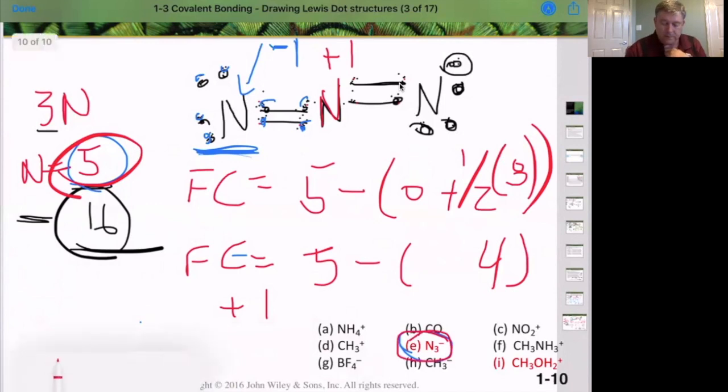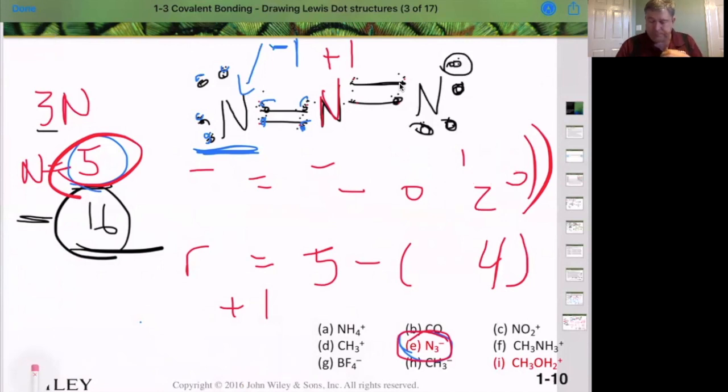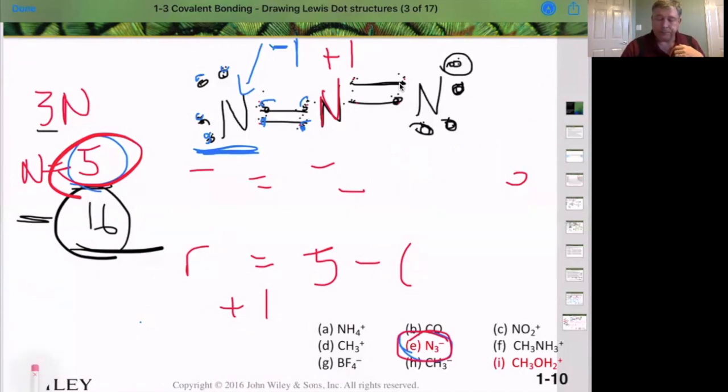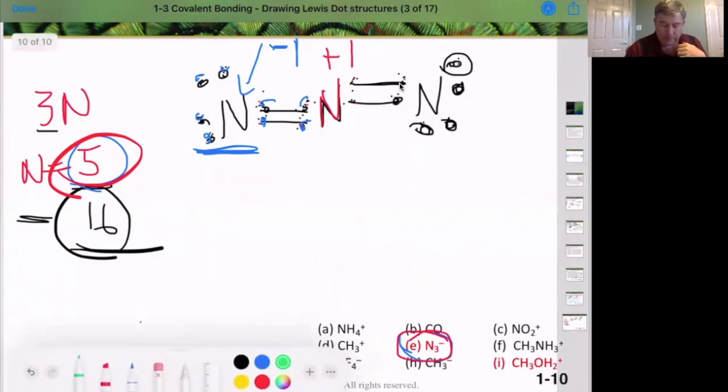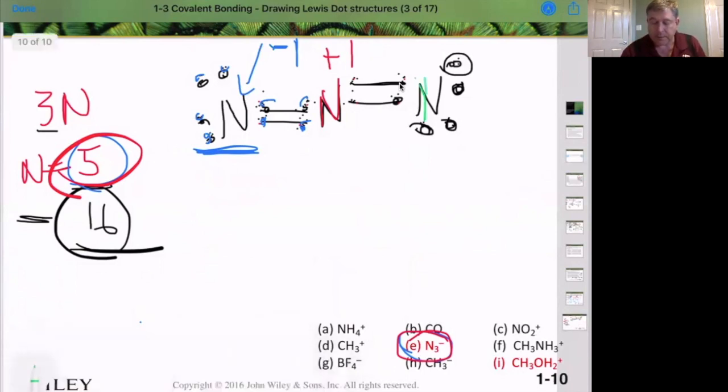Okay, let's calculate the last one. We can't just skip it. So let's calculate this last one, and let's do it in green right here, this nitrogen in green. Again, the formal charge is equal to the 5 electrons it brought with it, minus lone pairs, 1, 2, 3, 4.